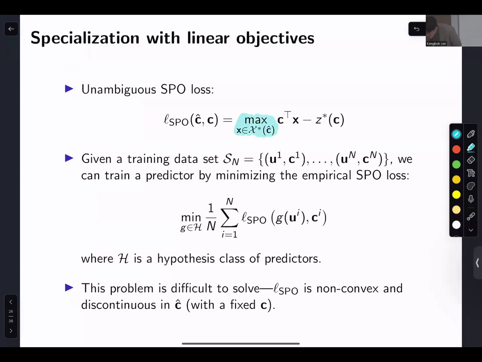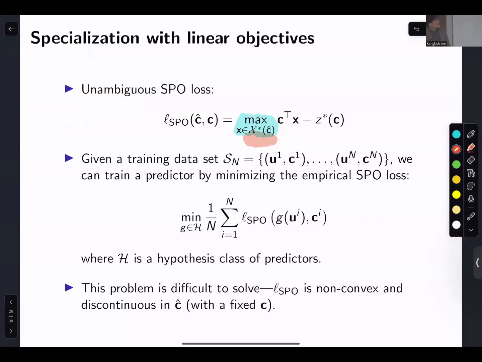What we do is minimize the worst case loss in the objective function values, where in case your argument set is not a singleton, you look at all of them, take the worst case achievable objective function value, and assess its distance from the true optimal value. And that's what is called the unambiguous SPO loss.